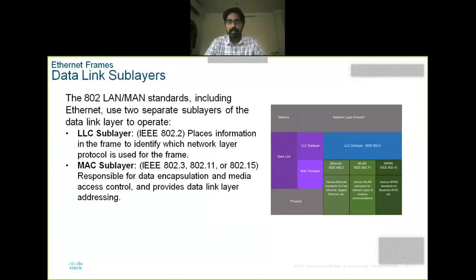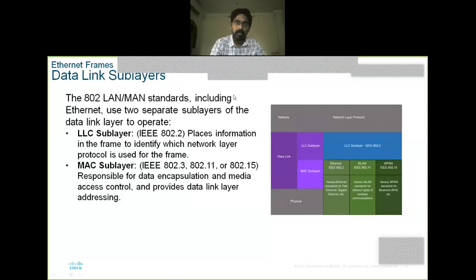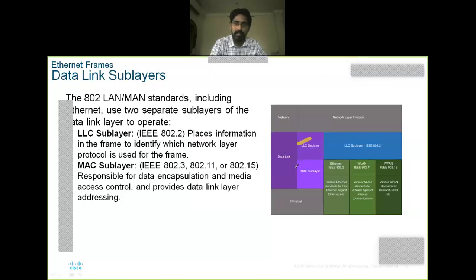What are the data link sublayers? We already learned that the data link layer is divided into two sublayers. The first one is the LLC sublayer and the second one is the MAC sublayer. The LLC sublayer standard is IEEE 802.2, keep it in mind.